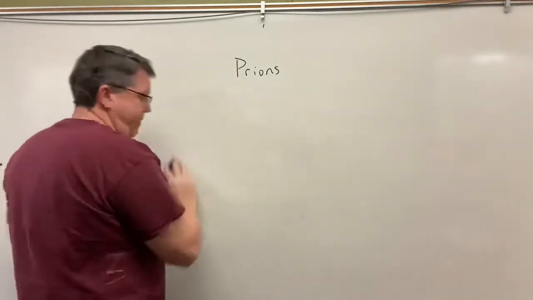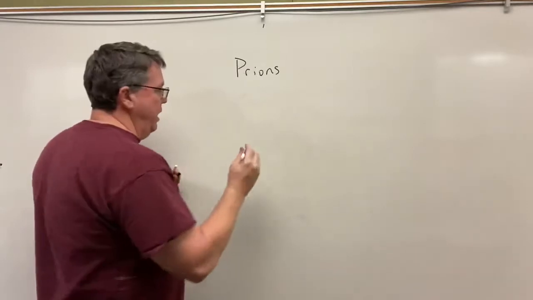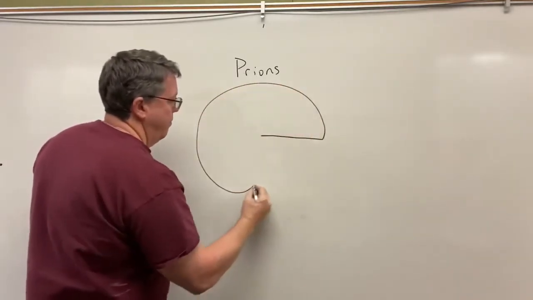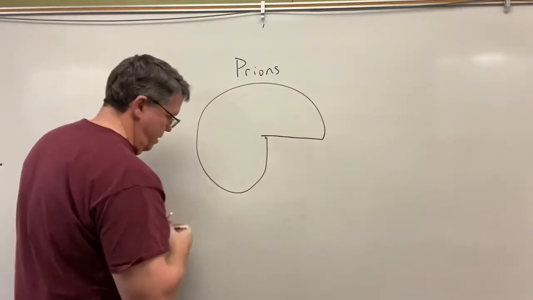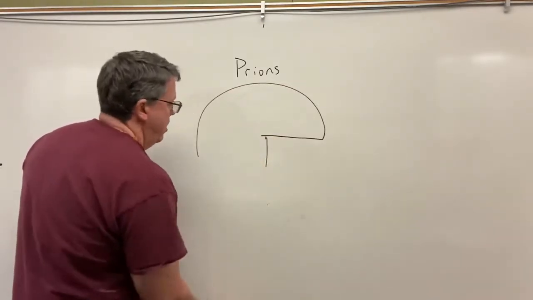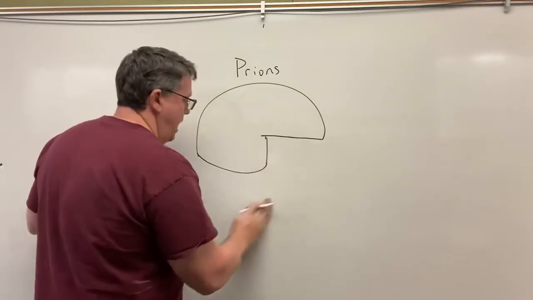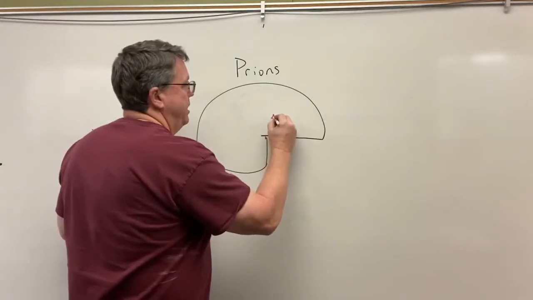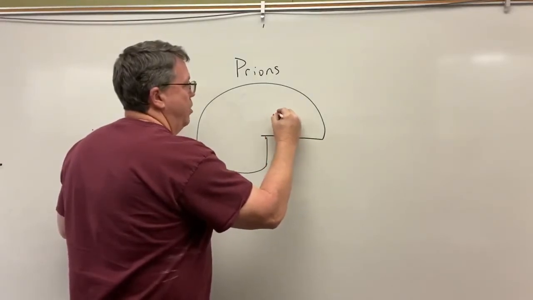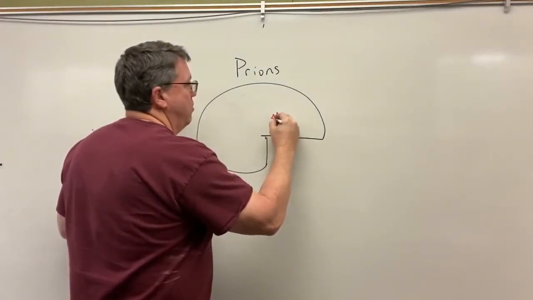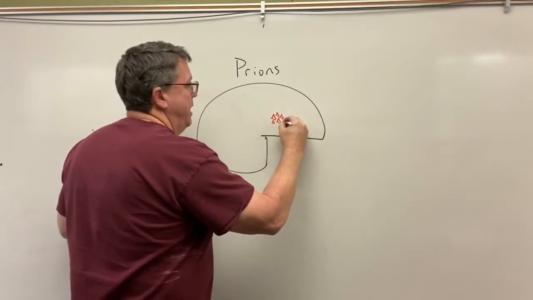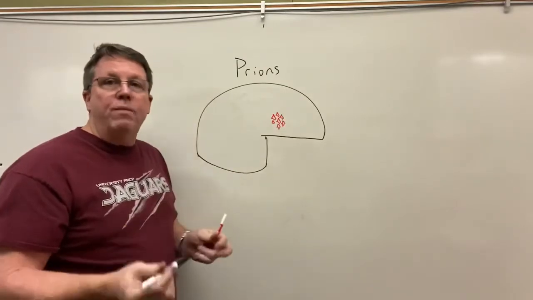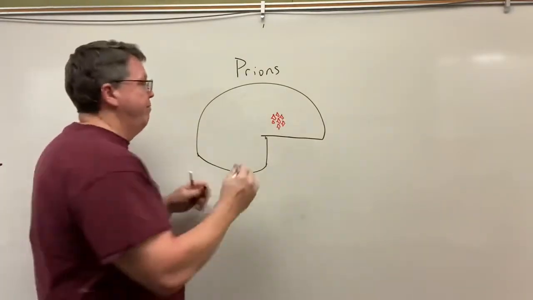So if I have my brain, okay, so this is the brain, and I have my prions in here, and my prions are going around and changing the shape of proteins. Eventually what's going to happen is it is going to form a hole in the brain. These are microscopic holes.